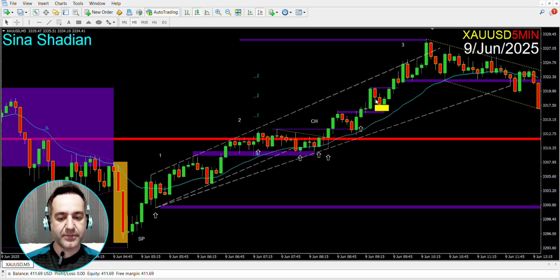And this gap, the bottom of this pullback to the top of this top, when the market breaks above it and can't come below this high, something tells me that buyers are really strong and they are only buying.